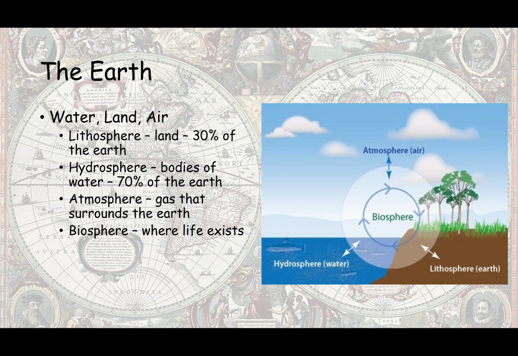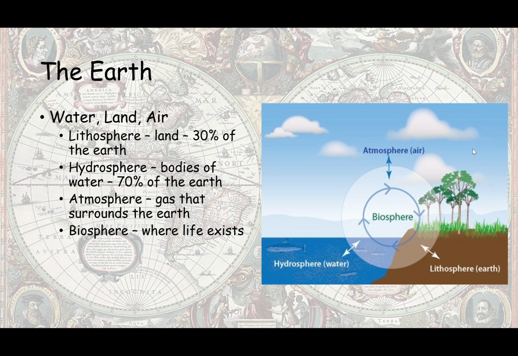Our water, our land, and our air, and again, you have this diagram on your notes guide. You've got your lithosphere. This is the Earth, and this is the land. This is 30% of the Earth. You have your hydrosphere, which is bodies of water, and this is 70% of the Earth.